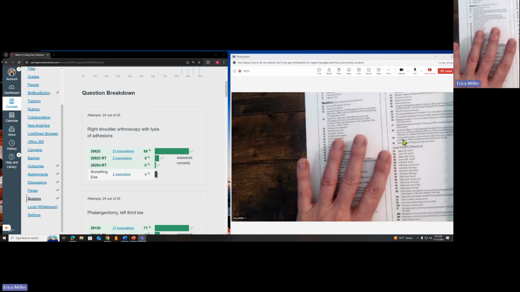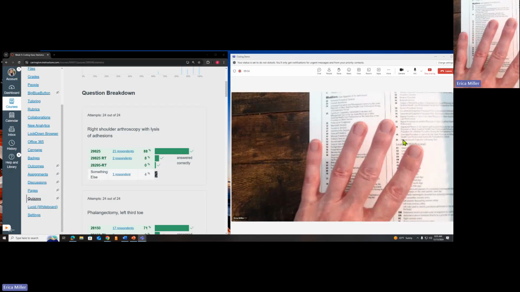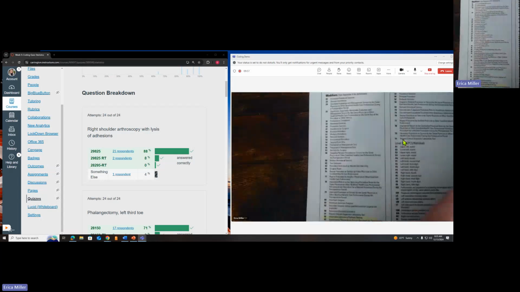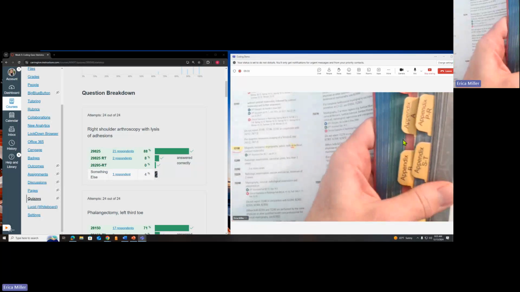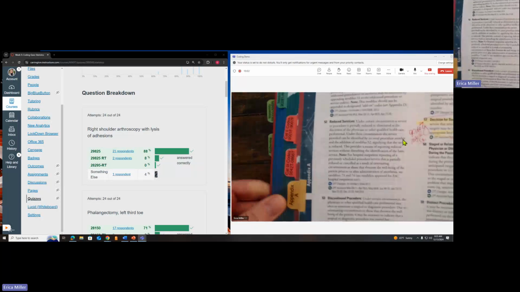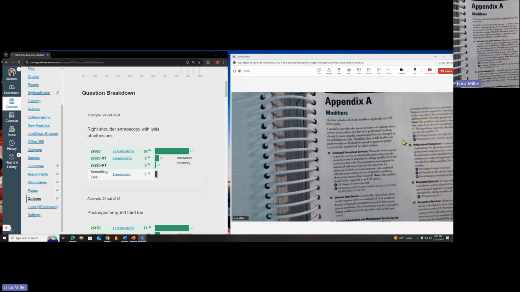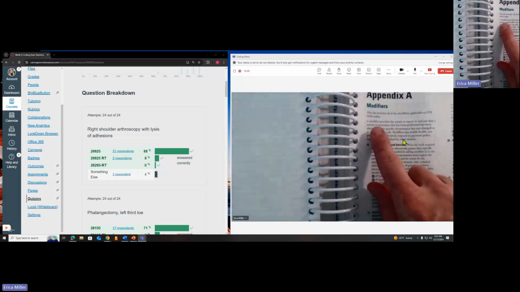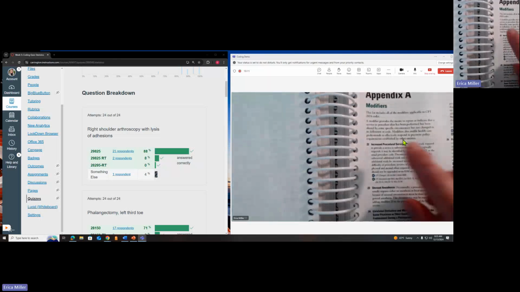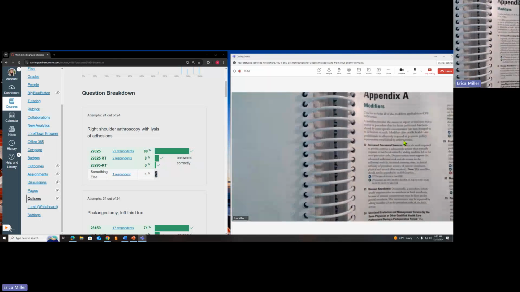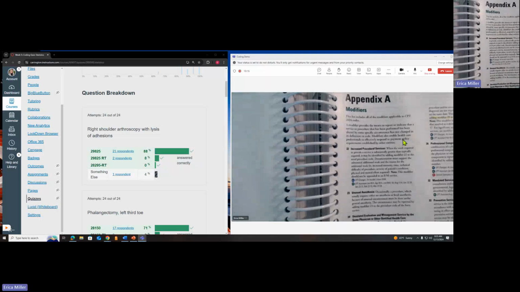Now, this is just a short list, okay? If you want full descriptions of your modifiers, you do need to refer to your appendix. Appendix A is where all of your modifiers are housed. It also gives you a definition of what a modifier is. It says a modifier provides the means to report or indicate that a service or procedure has been performed, has been altered by some specific circumstance, but not changed in its definition or code.